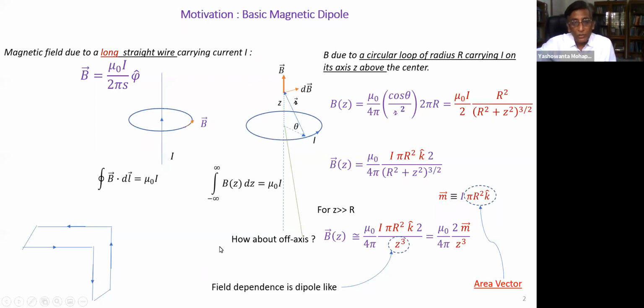So if I know the area vector and the same current, then I can also have the magnetic dipole moment of this non-flat loop. That's the idea. For any arbitrary loop, I can do that.